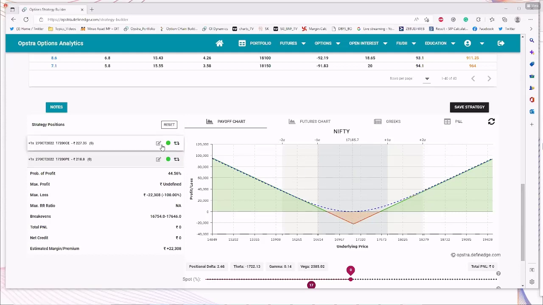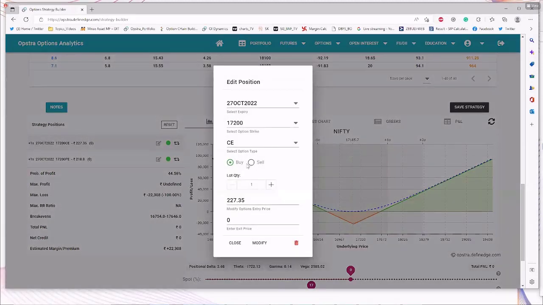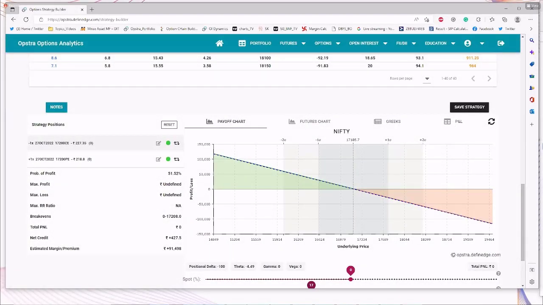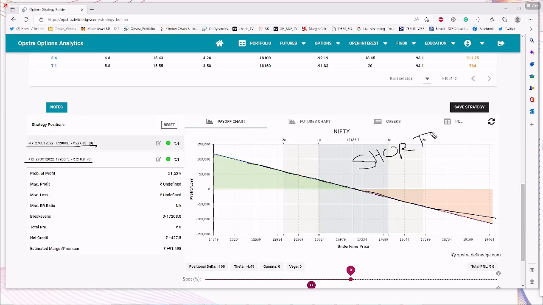Now if you wanted to have, so now this is something similar to your short future payoff, right? When you short the market and it goes down, you will be in profit. When it goes up, you will be in loss, right?